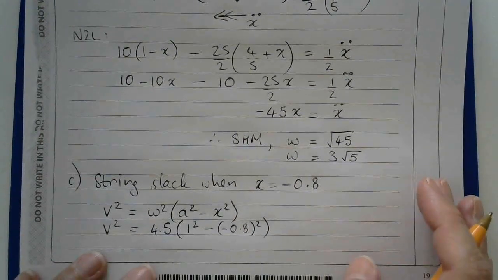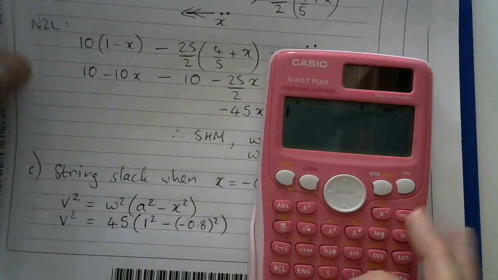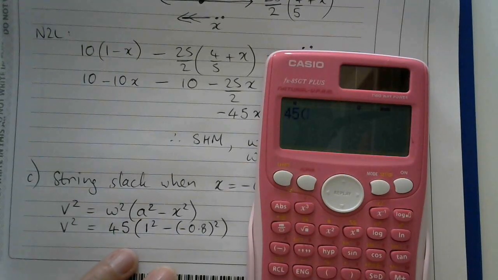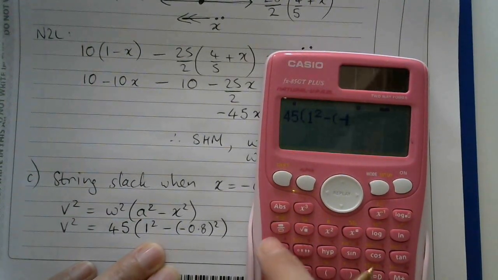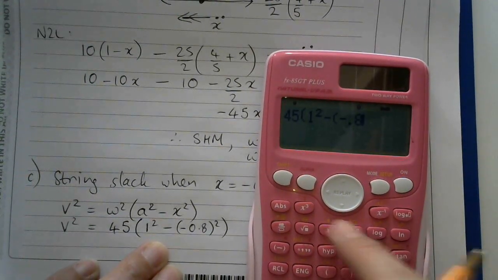Okay, so popping all of that into my calculator, I will get 45 open bracket 1 squared minus bracket negative 0.8 squared.